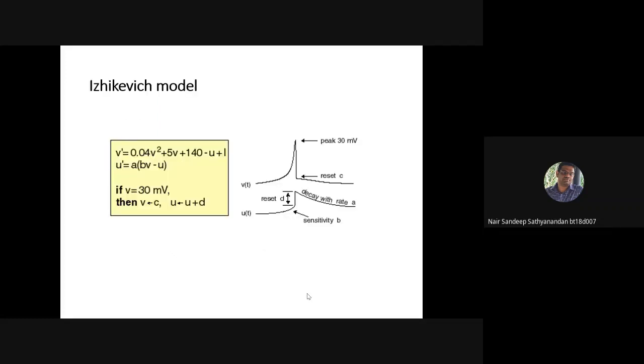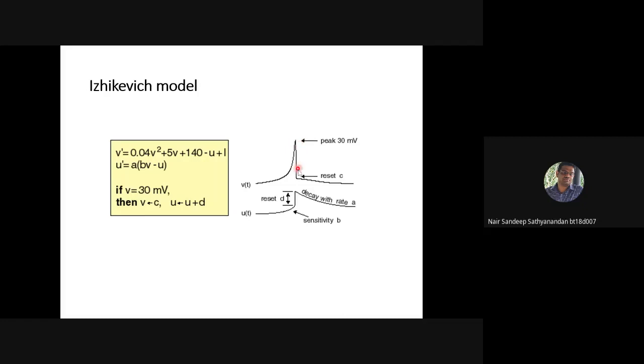So now this is how we model the Izhikevich model. It is a dynamical system. The important variables are V dot and U dot. V dot is given by this quadratic equation, and U is the recovery variable, given by that equation. If the voltage reaches its peak, V equal to 30 millivolt, we have to reset the condition.